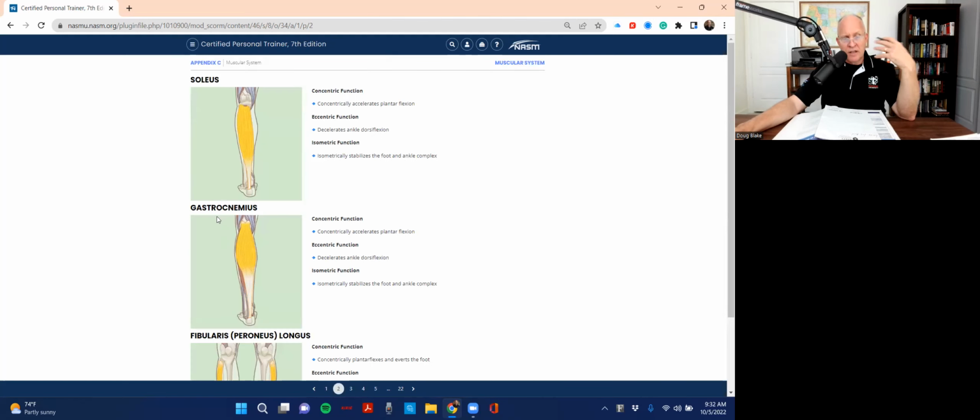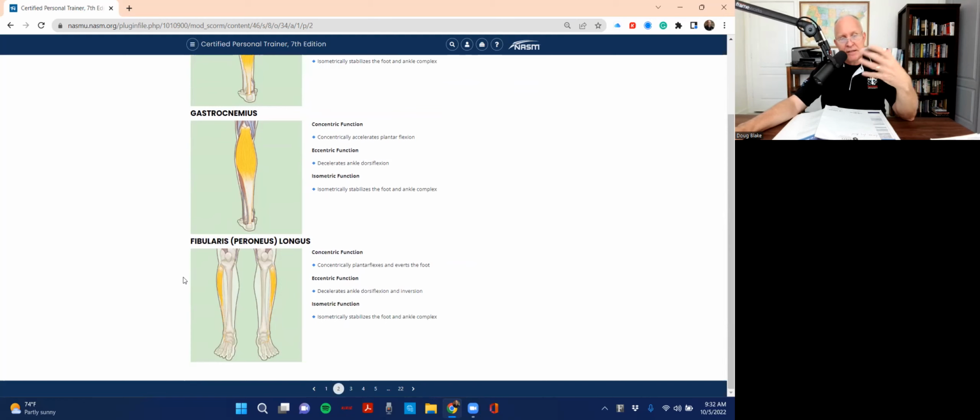The soleus, the gastroc. Now here's where we get into some issues, I think. We call this muscle the peroneus, if you want to call it the fibularis longus. I'm not saying you're going to have to memorize it, but it is an important muscle from the standpoint of functionality. It actually is.